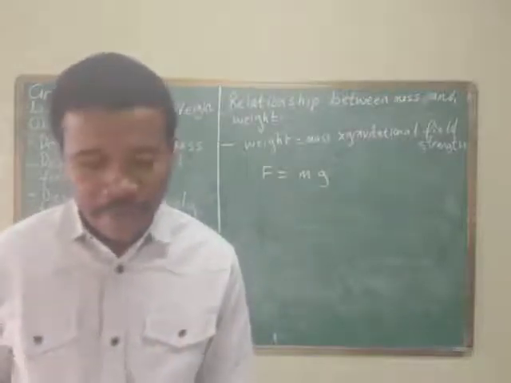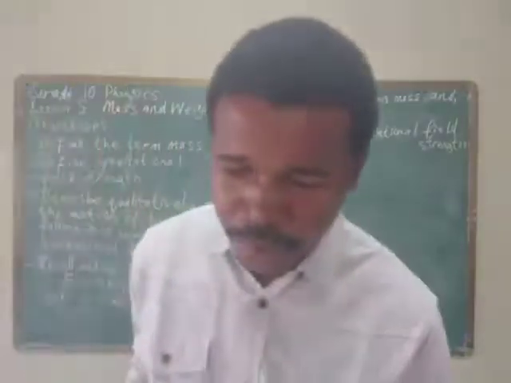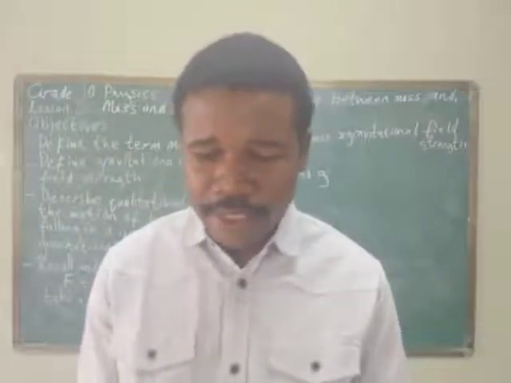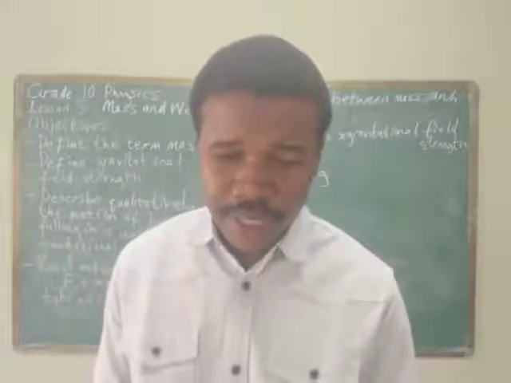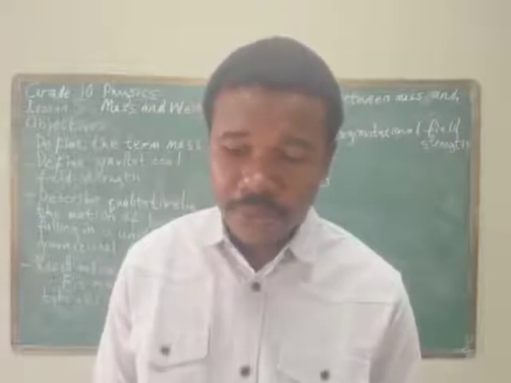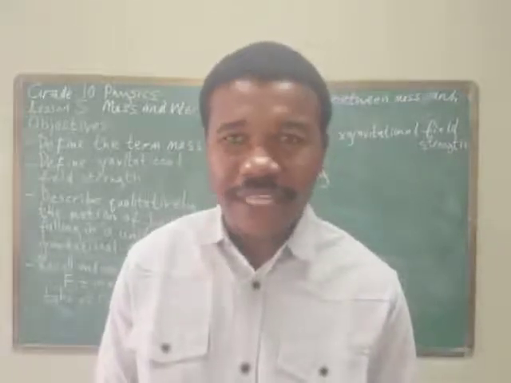Okay, cool. So let me read a question for you from your Living Physics. It says, a man stands on a scale on the moon. The scale shows a reading of 180 newtons.